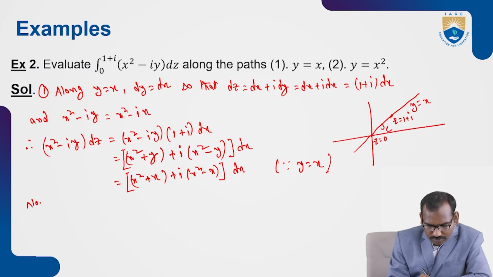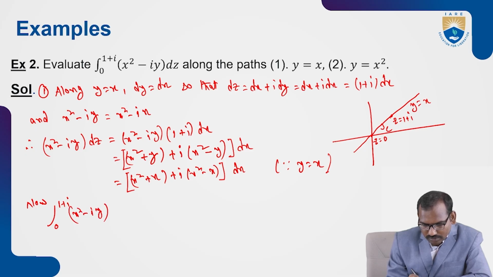Now we will perform the integral from 0 to 1 plus i of x square minus iy dz.